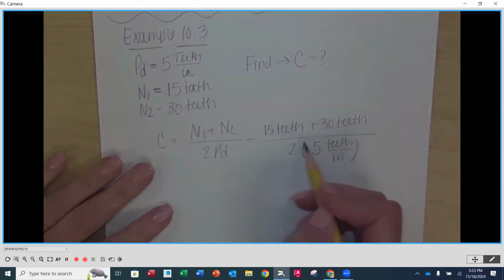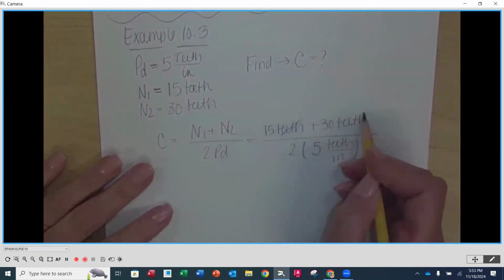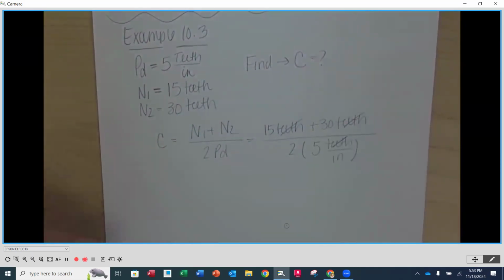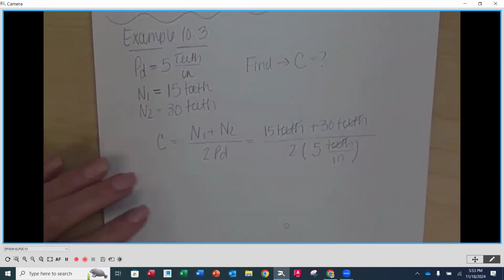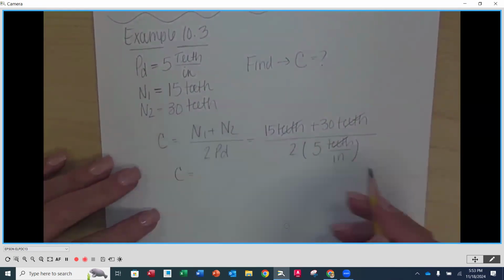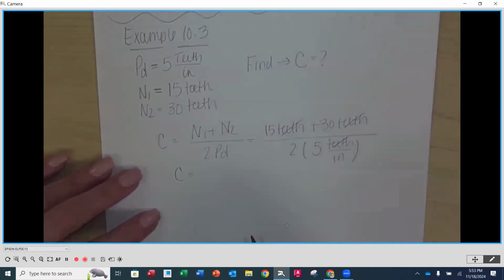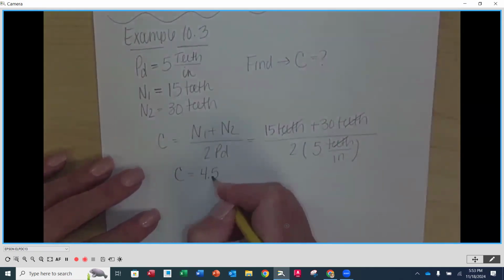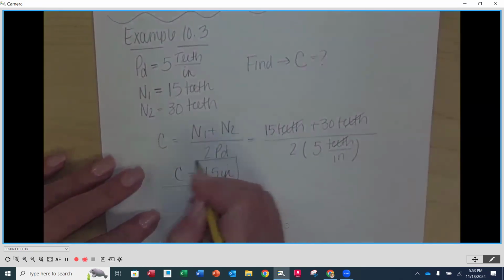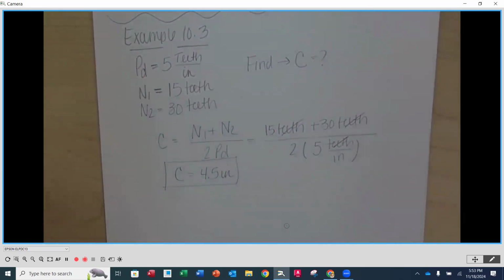So when we combine these two, this is going to be 45 teeth on the top. The teeth cancel out, top and bottom, and inches are in the denominator of the denominator, so they're multiplying on top. So our units will be inches. So we've got 45 divided by 10. Is it 4.5? Okay, good. Yep, 4.5 inches. C is equal to 4.5 inches.